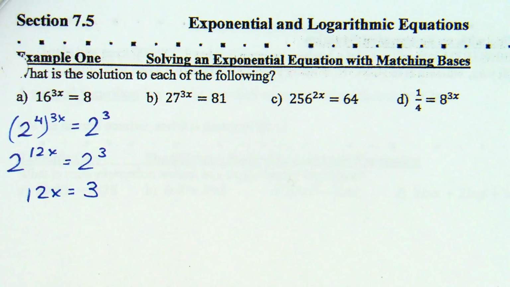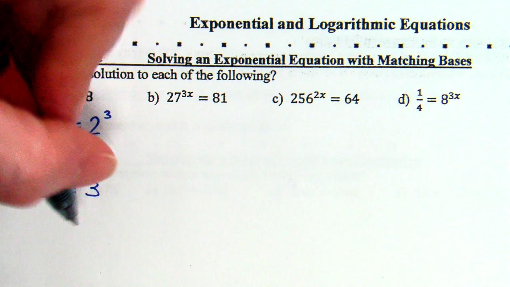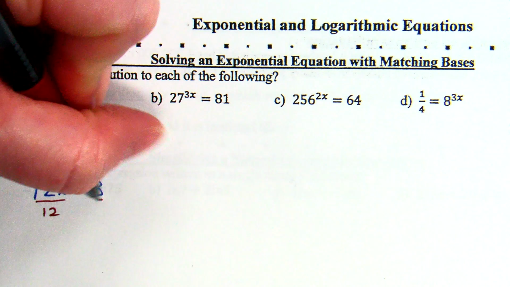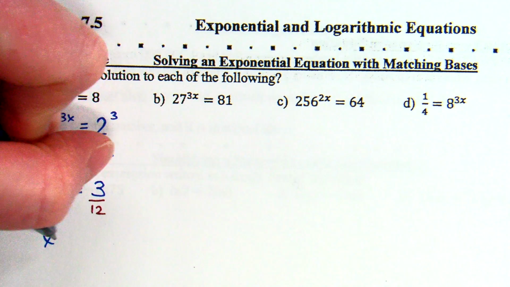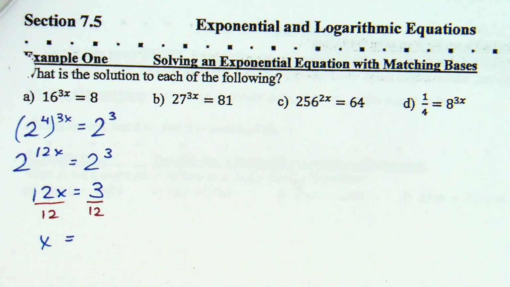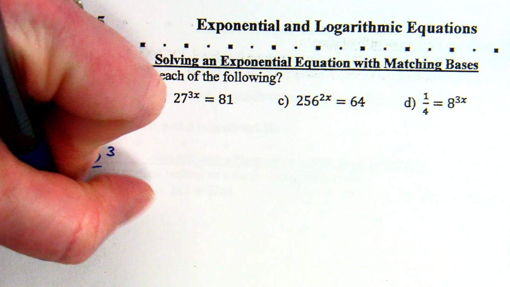How do I solve the equation 12x equals 3? Divide. 12 times x, divide by 12. 12's cancel. What is x equivalent to? 1/4, because 3/12 reduces to 1/4.